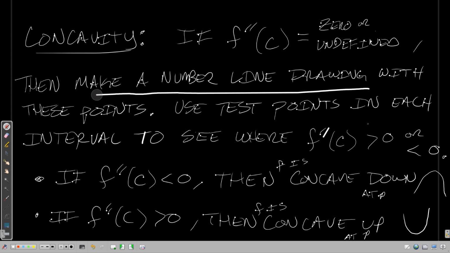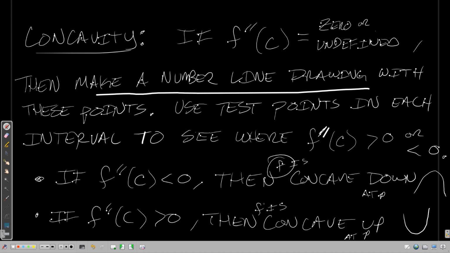Again, you make your number line drawing. You use test points in each interval to see if it's either positive or negative. If you get negative, it's concave down. If you get positive, it's concave up.